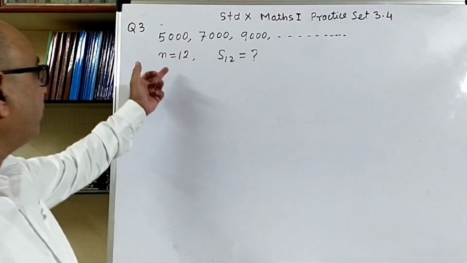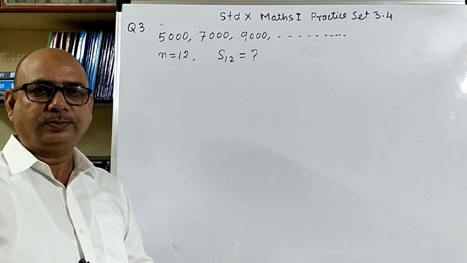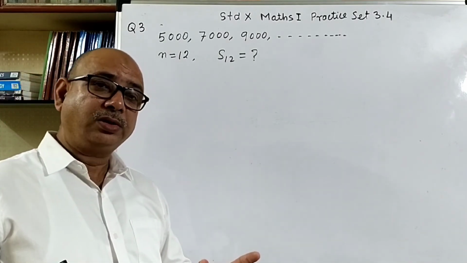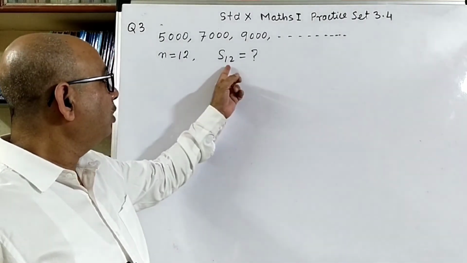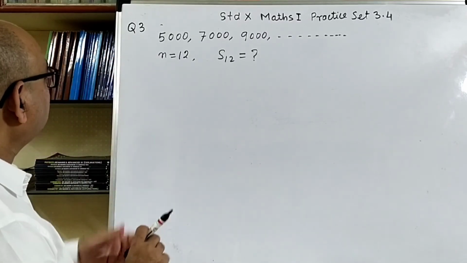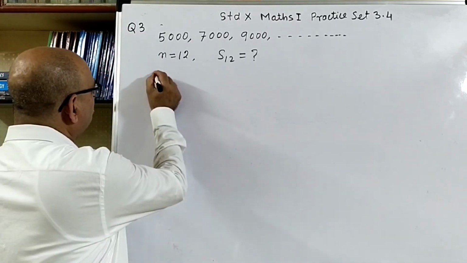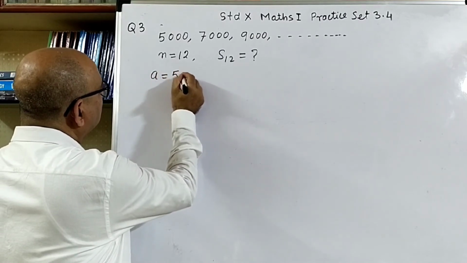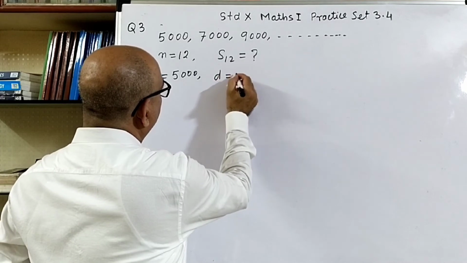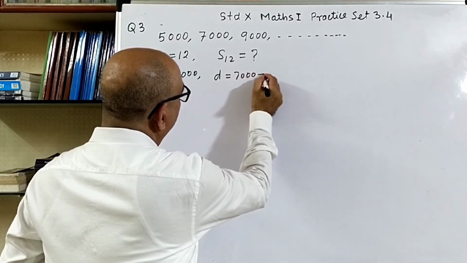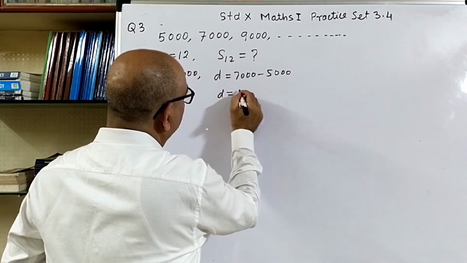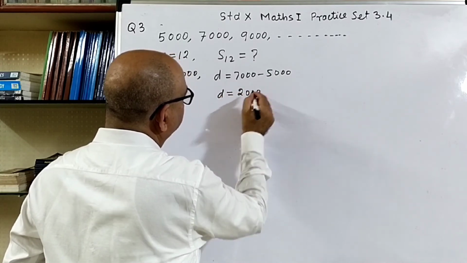That means the value of n is equal to 12. We have to find out the total amount invested in 12 years. That means the value of S12. Here the first term of the AP, A is equal to 5,000. Value of D is equal to 7,000 minus 5,000, or D we can say it is 2,000.